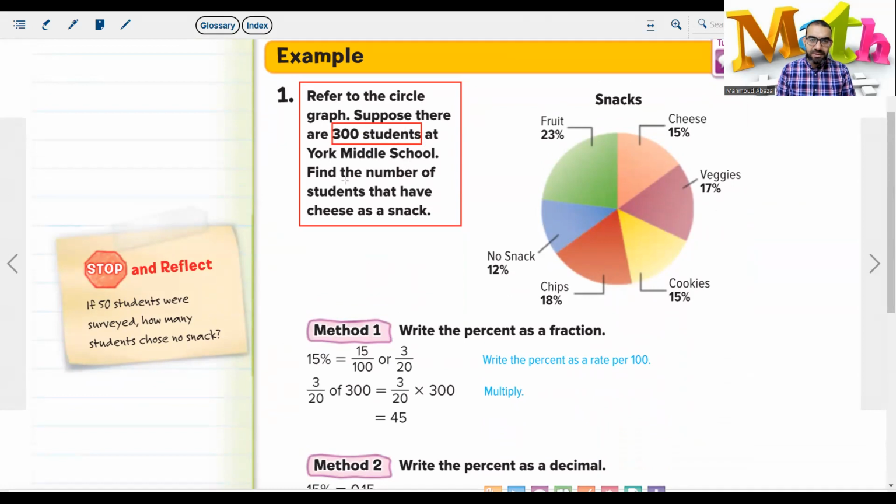Find the number of students that have cheese as a snack. We can find that cheese represents 15%. So our problem now, we need to know what is 15% of 300.